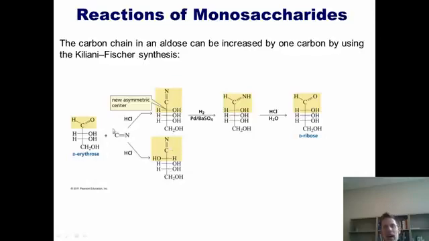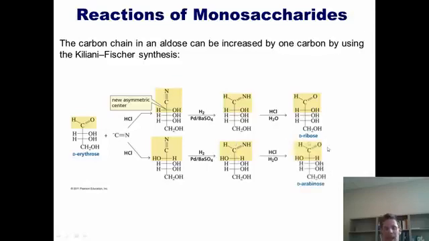Now, if I have the cyanide come in and attack here, giving me this intermediate, I can then follow the exact same sequence. I reduce the nitrile to an imine by treating with hydrogen and palladium barium sulfate. And then I hydrolyze off the imine to convert to the aldehyde. You'll notice then that the final product that I end up getting by this sequence is different from the product that I get going in the sequence above.